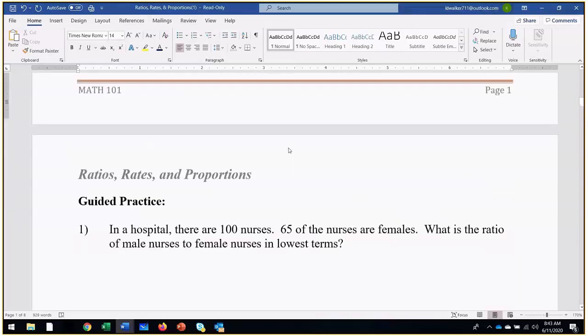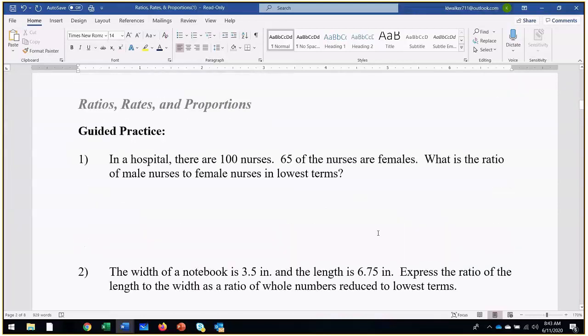So first I want to go to a question like this one here. It says, in a hospital, there are 100 nurses. 65 of them are female. So what is the ratio of male nurses to female nurses in lowest terms? So let me jot it down real quick, and then we'll go to the whiteboard. You've got 100 nurses.